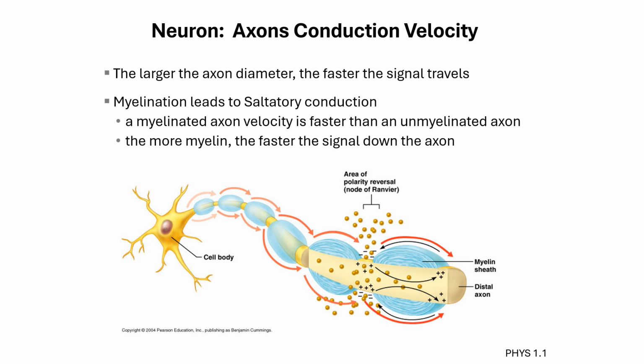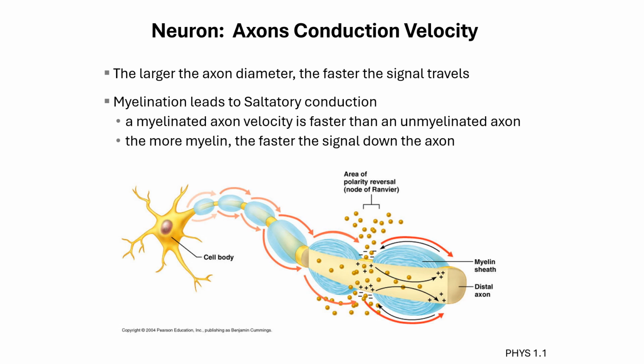Since it's a voltage, when the ions leave or diffuse away, you can cause the action potential to fizzle and be really slow. So what myelination does is it allows you to have something called saltatory conduction. That just means that the action potential doesn't have to pass through the area where the myelin is, and it just causes depolarization here, and then it can actually jump to the next node. And this space of open axon between the myelin is called the nodes of Ranvier.